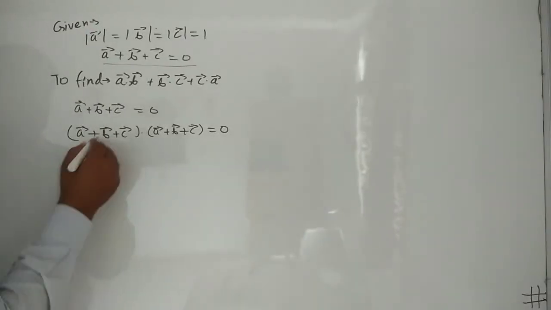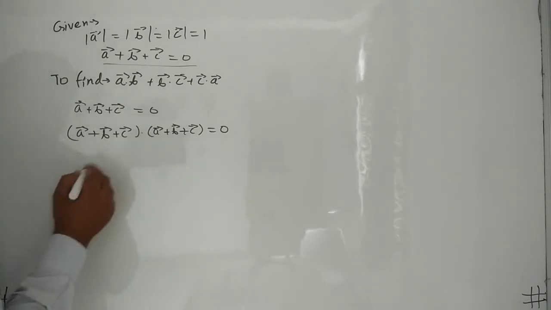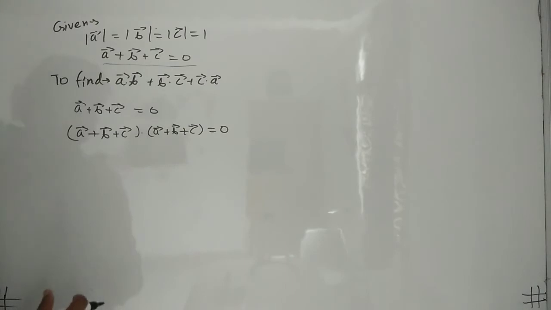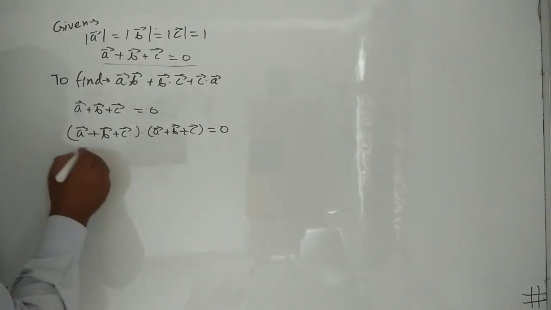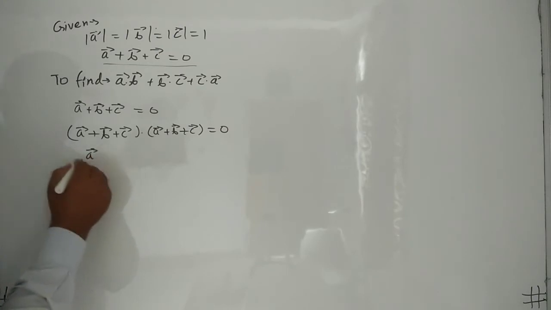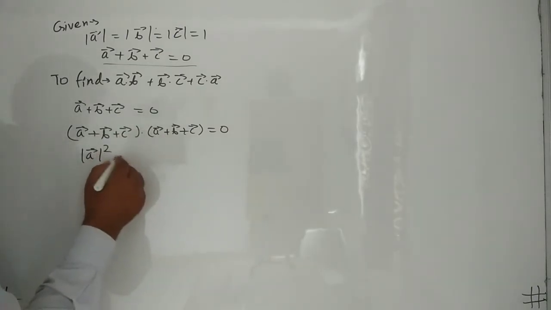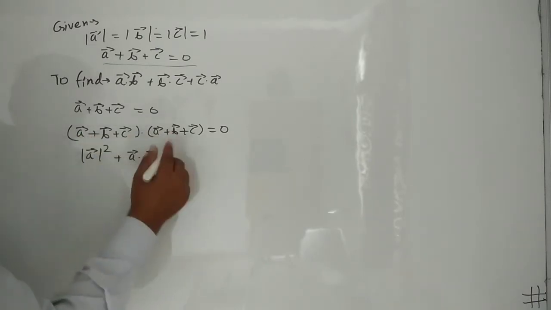You can use the dot product, so it will be multiplied with all these. This whole is multiplied with vector A, vector B and vector C, and so on. So finally you have vector A dot vector A, that gives you magnitude of vector A square. A dot B, you have vector A dot vector B. You have A dot C.